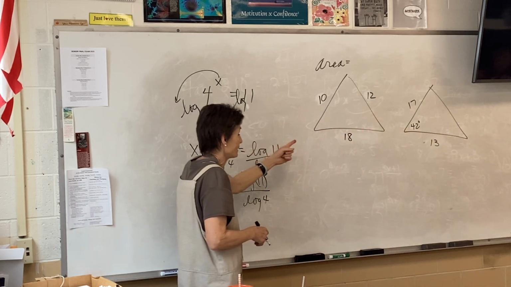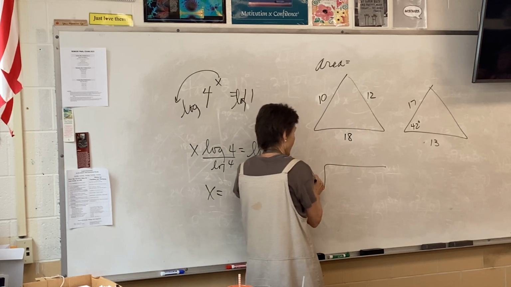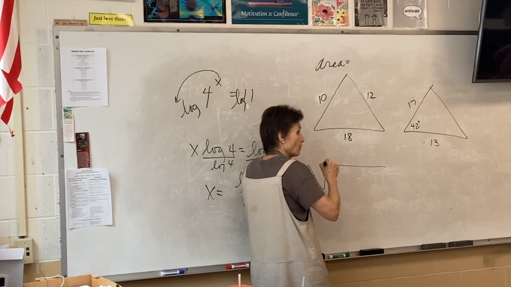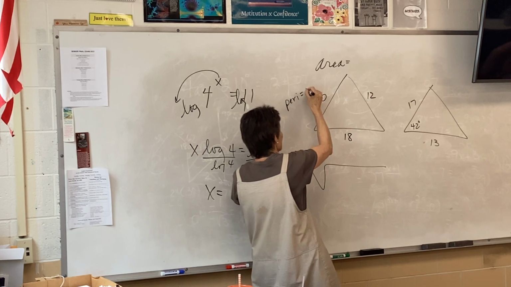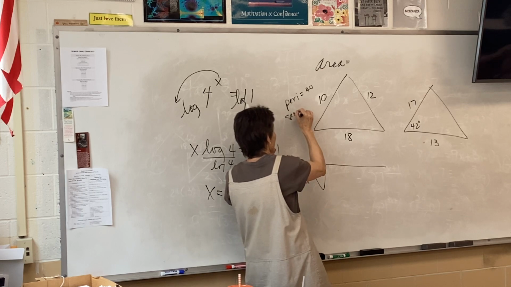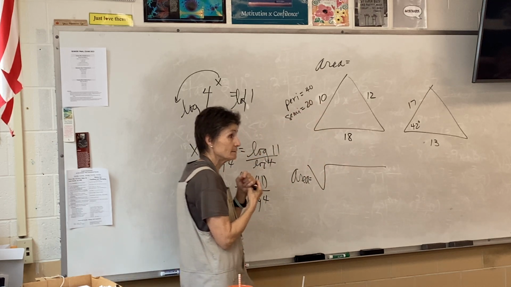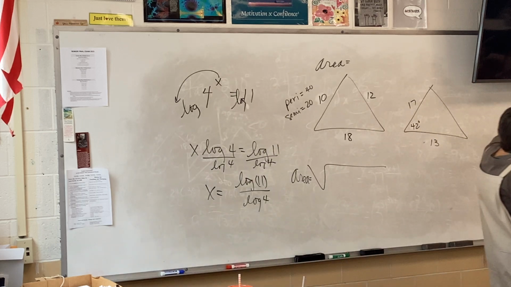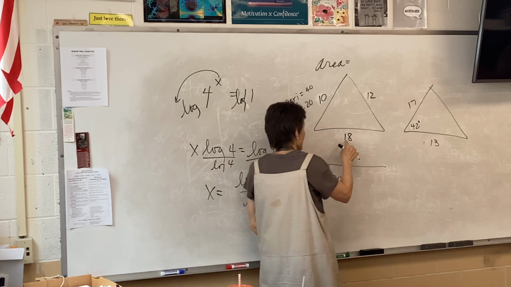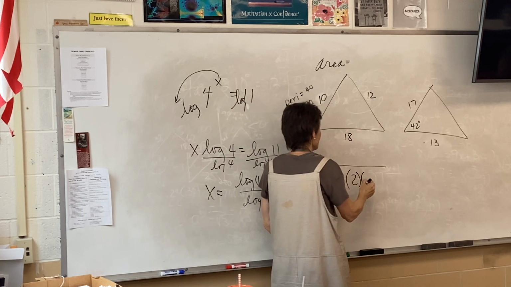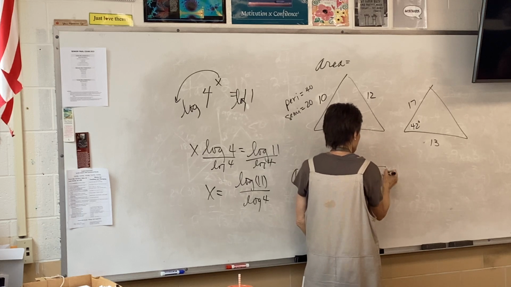This is the one with the big radical. This is Hero's formula. You need it. So first we need the perimeter, which is 40. And then we're going to do the semi-perimeter, which is half of that, or 20. And then in the formula, that's S. So 20, and then 20 minus 18, 20 minus 12, and 20 minus 10.